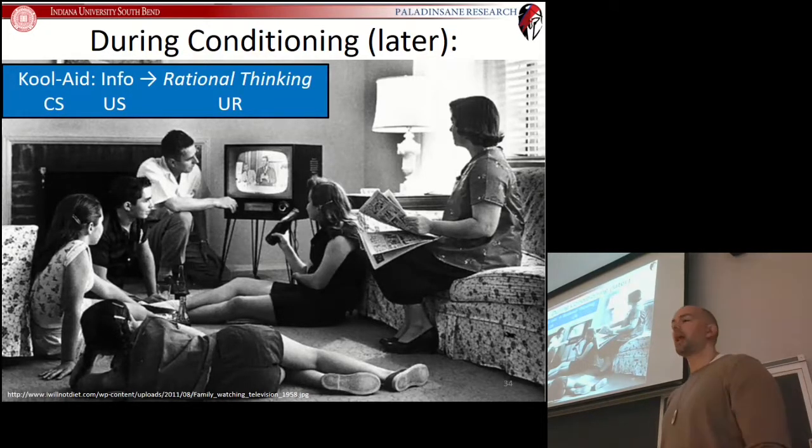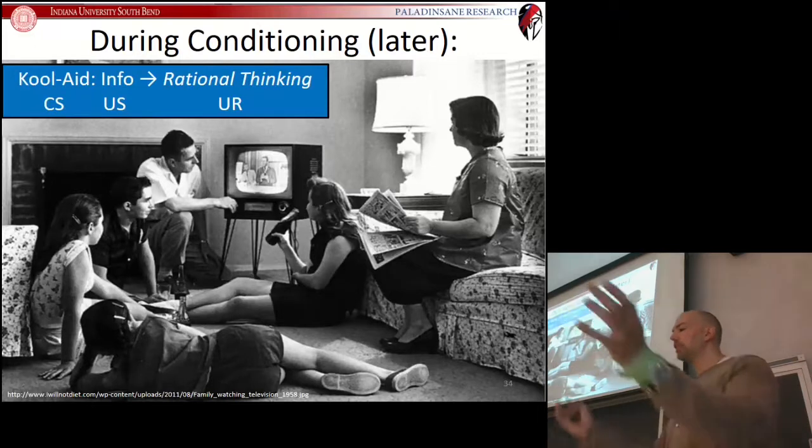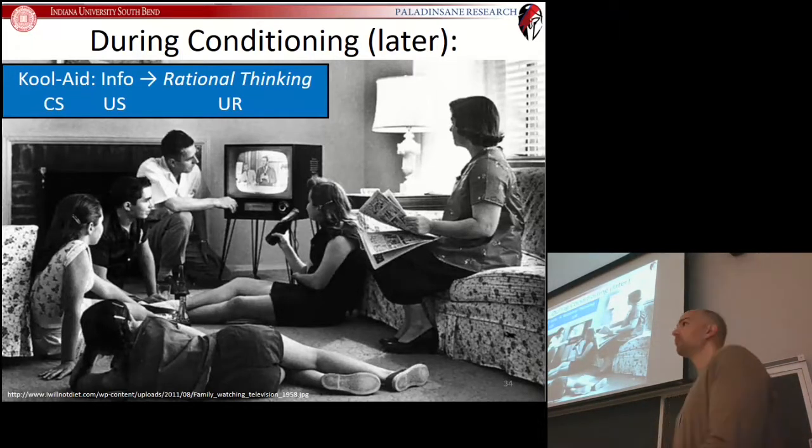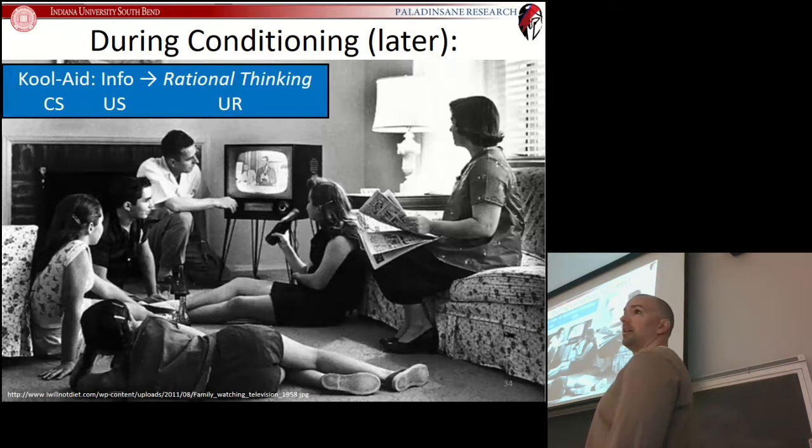And this is the place where an advertisement tries to get, because what happens now is that when that information is not present, when you're not watching the commercial, the conditioned stimulus will cause the conditioned response. And where they want you to have that conditioned response is in the supermarket.